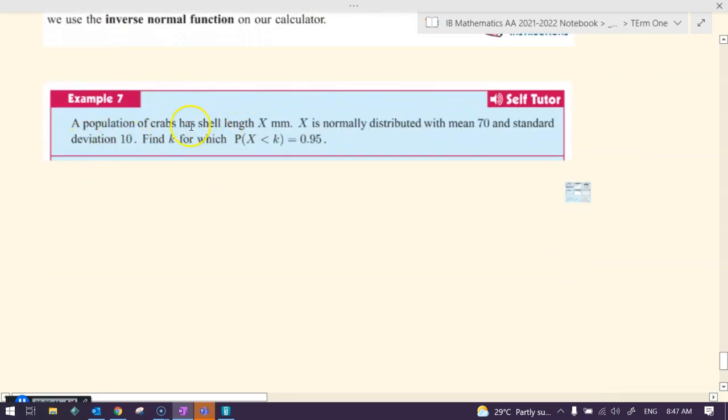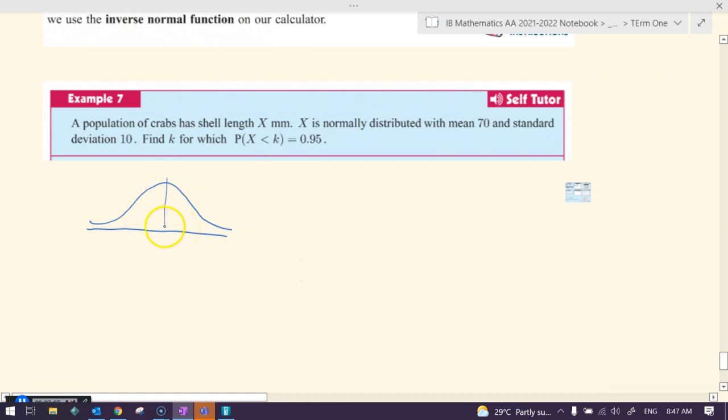In this case, we're looking at a population of crabs with a shell length X millimeters. And we know that these crabs have shell lengths that are normally distributed with a mean of 70 and a standard deviation of 10. Find the K value for which the probability X is less than that is 0.95. It's always good, and I would say mandatory, to draw a little sketch of these before you start.